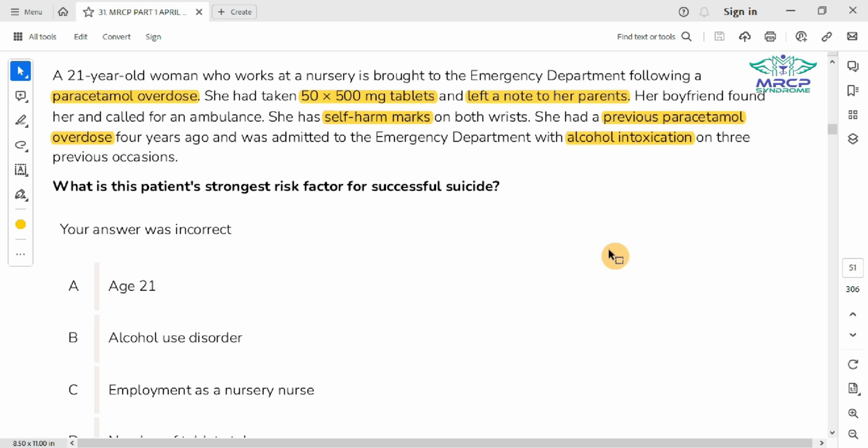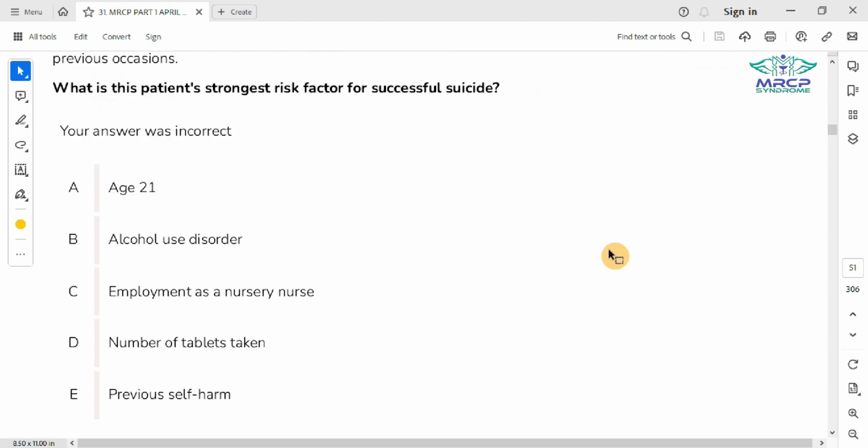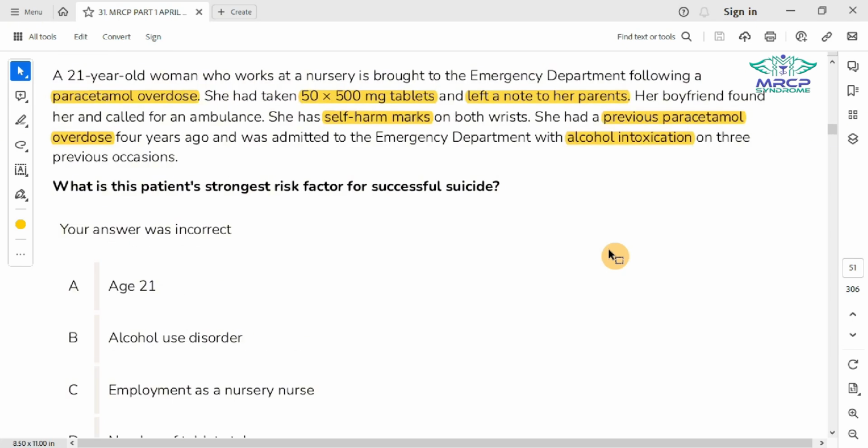What is the patient's strongest risk factor for successful suicide? Options are age 21, alcohol use disorder, employment as a nursery nurse, number of tablets taken, and previous self-harm. A 21-year-old woman who works at a nursery is brought to the emergency department following a paracetamol overdose.